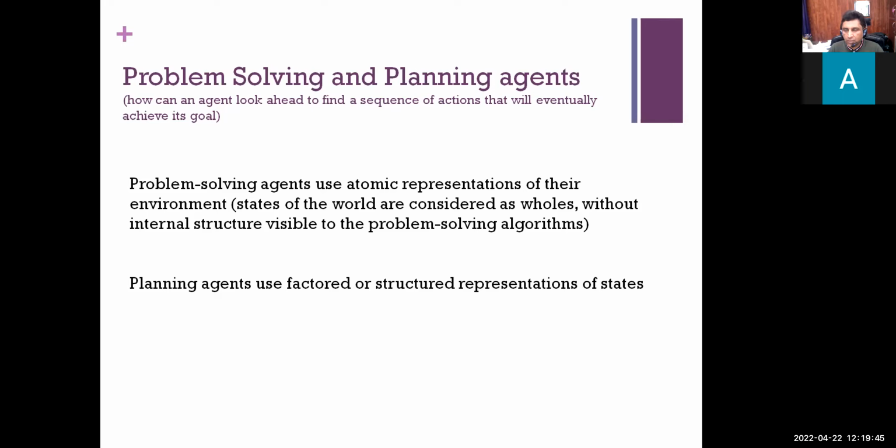So can any one of you pick up from here and tell me what will be the atomic representation of the chessboard state, and what will be a factored representation? Anyone, just think about it, so that I understand you have grasped the idea of atomic representation well.